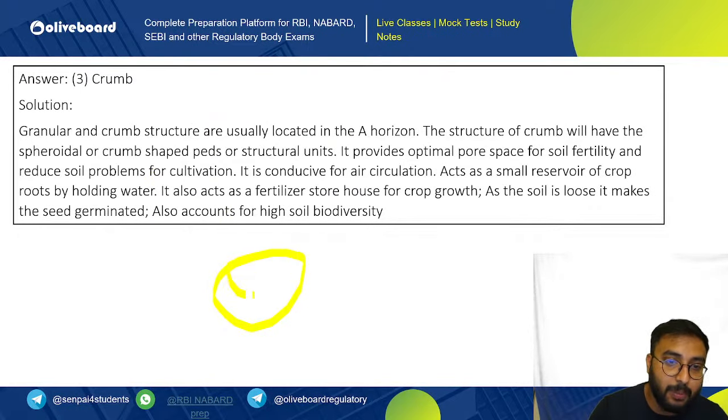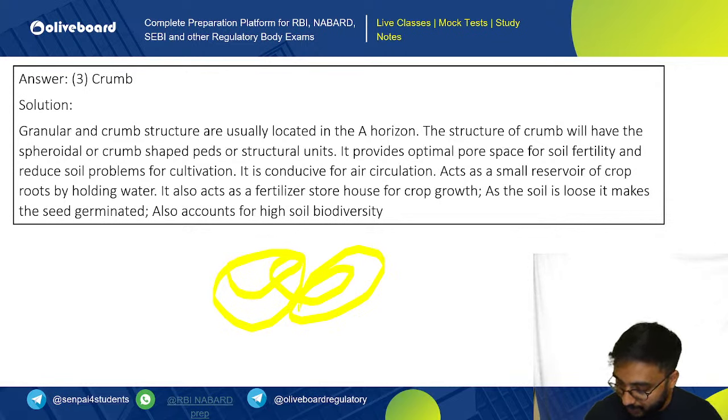So granular are nothing but big size particle, whereas when we are talking about crumbly, these are medium size particle. So crumbly structure is your correct answer.